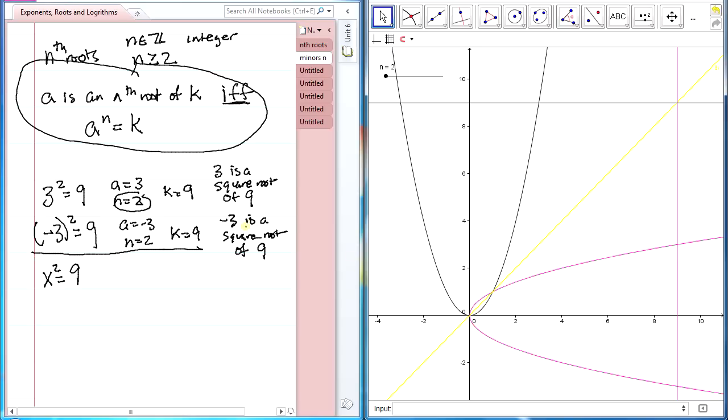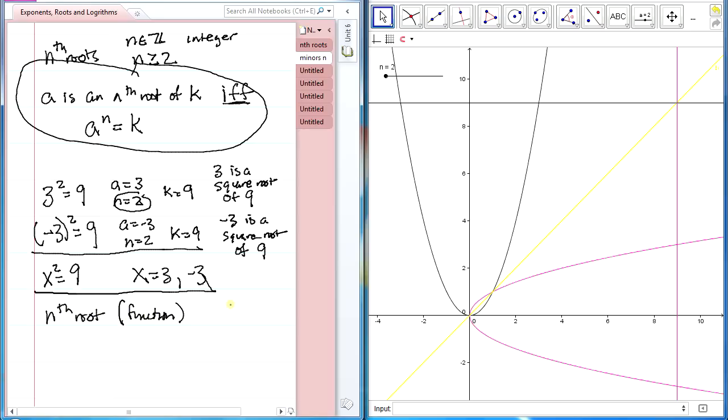Now, let's be clear here. I am not saying that you shouldn't answer x equals 3 and negative 3. What I'm saying is, if we're going to define a function, and we write that function as, let's say, the nth root function, and that's going to be written using a radical symbol with an n in that spot, we're only allowed to get one answer out.